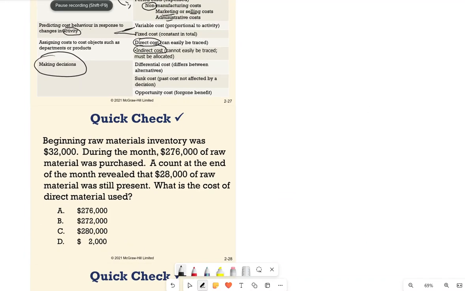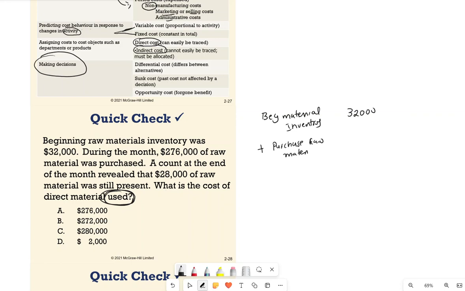Now going to the next one: what is the cost of material that is used? That's what we're looking for. We have a beginning material inventory. In this case they told us it is 32,000. That's your beginning inventory. During the year we purchased raw material.